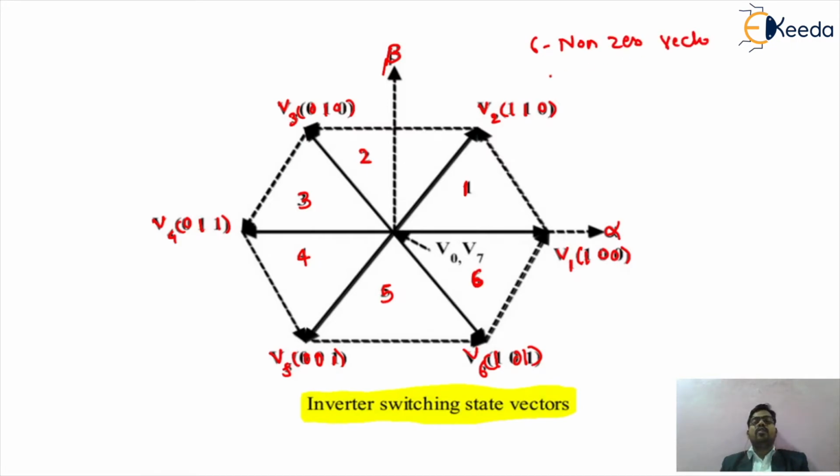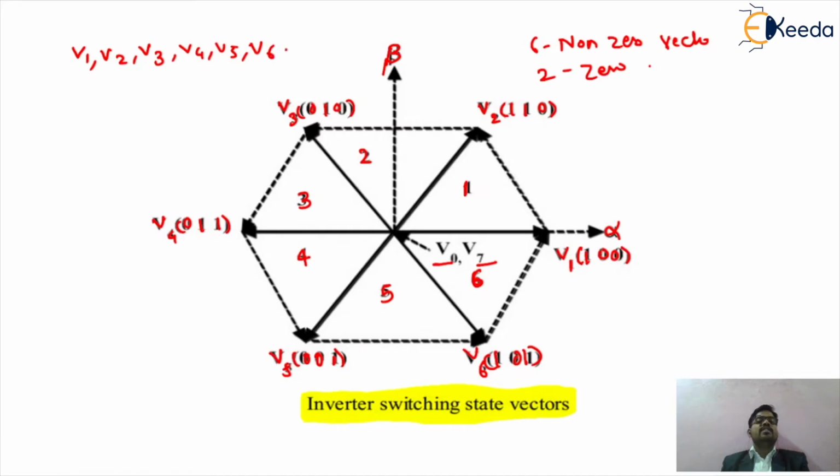and 2 vectors are basically zero vectors. These 2 vectors are shown as V0 and V7. So which are the 6 non-zero vectors? The 6 non-zero vectors available to us are V1, V2, V3, V4, V5 and V6.